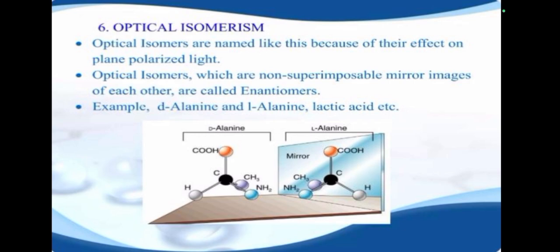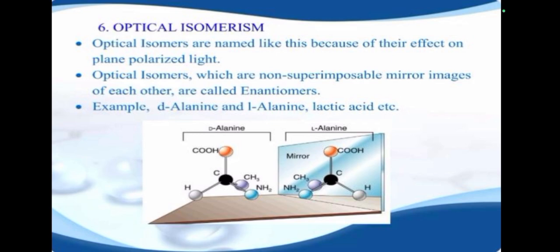Next we see optical isomerism. Optical isomers are named like this because of their effect on plane polarized light. Optical isomers, which are non-superimposable mirror images of each other, are called enantiomers.